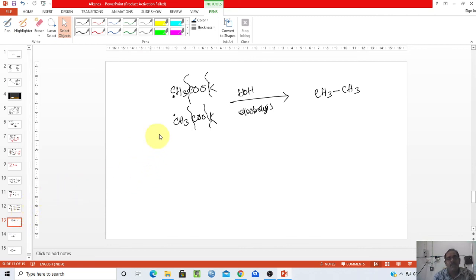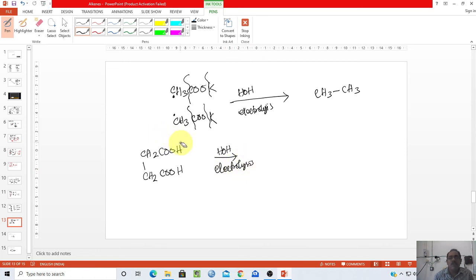So here there will be a possibility of forming alkene with butane dioic acid. So this is butane dioic acid. How does it go? In the same way, with water and electrolysis.